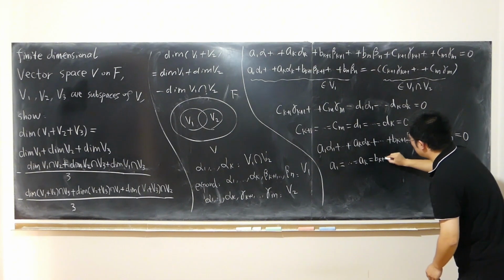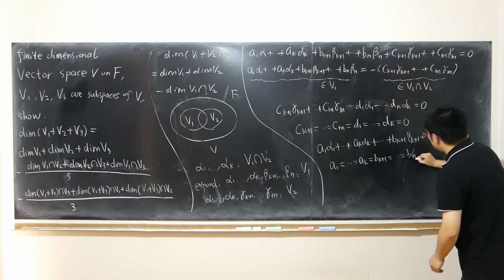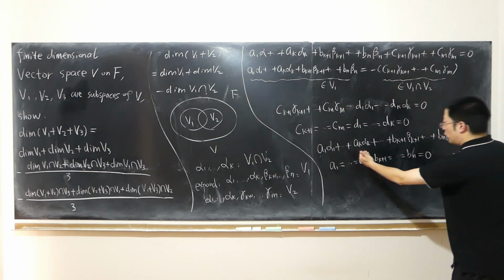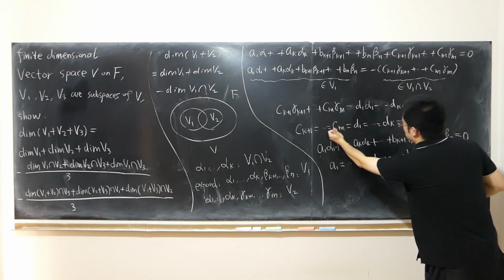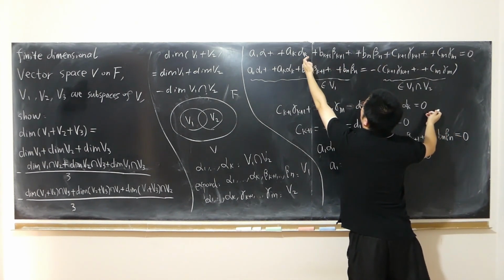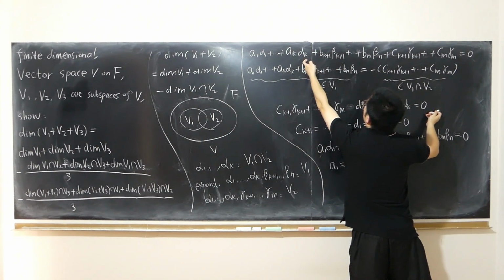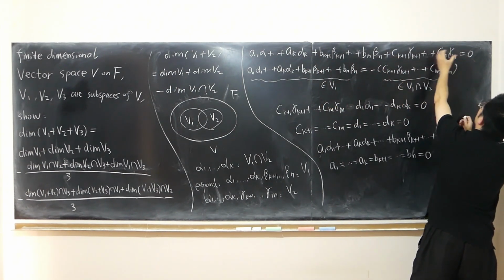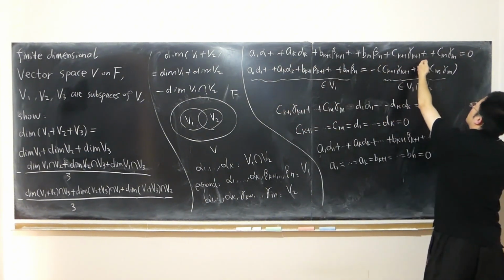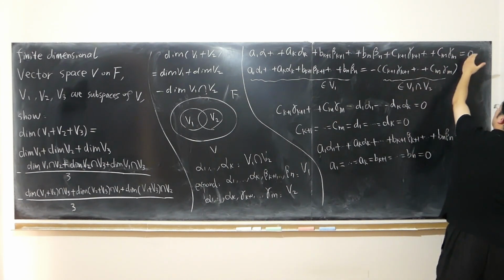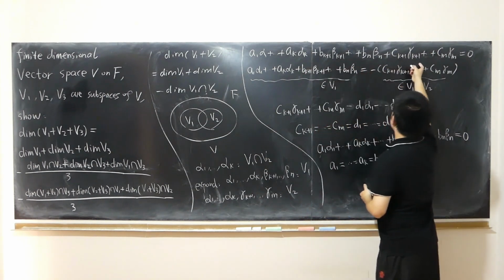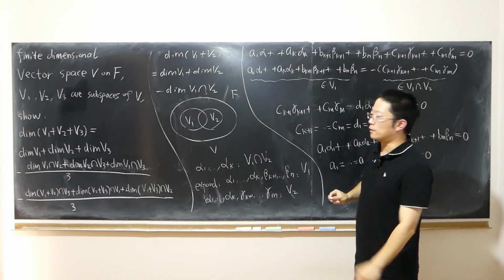And BK plus 1 must equal 0. So overall, all the A's, all the B's, all the C's equal 0. Given that their linear combination of alphas, betas, and gammas equals 0, all the A's, all the B's, all the C's must equal 0, which means alphas, betas, gammas together are linearly independent.